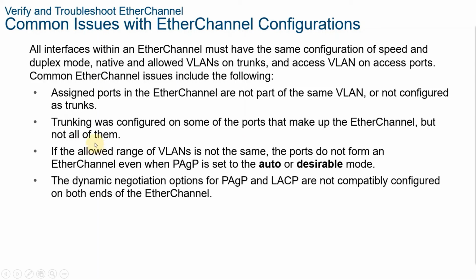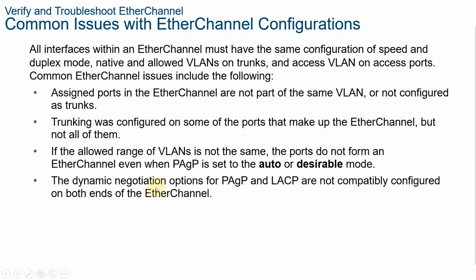It is not recommended that you configure trunking mode on individual ports that make up the EtherChannel. When configuring a trunk on the EtherChannel, verify the trunking mode on the EtherChannel. If the allowed range of VLANs is not the same, the ports do not form an EtherChannel even when PAgP is set to auto or desirable mode.